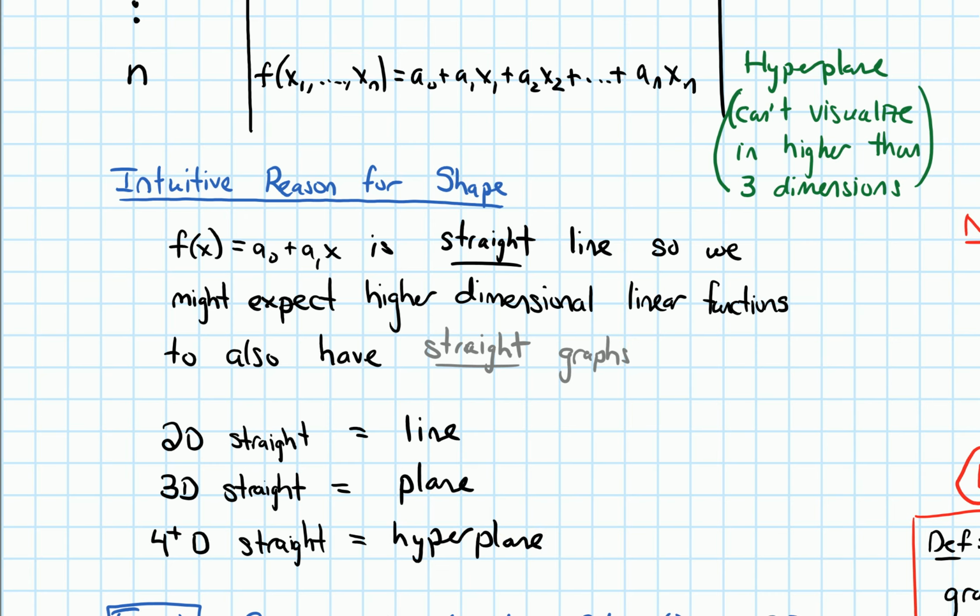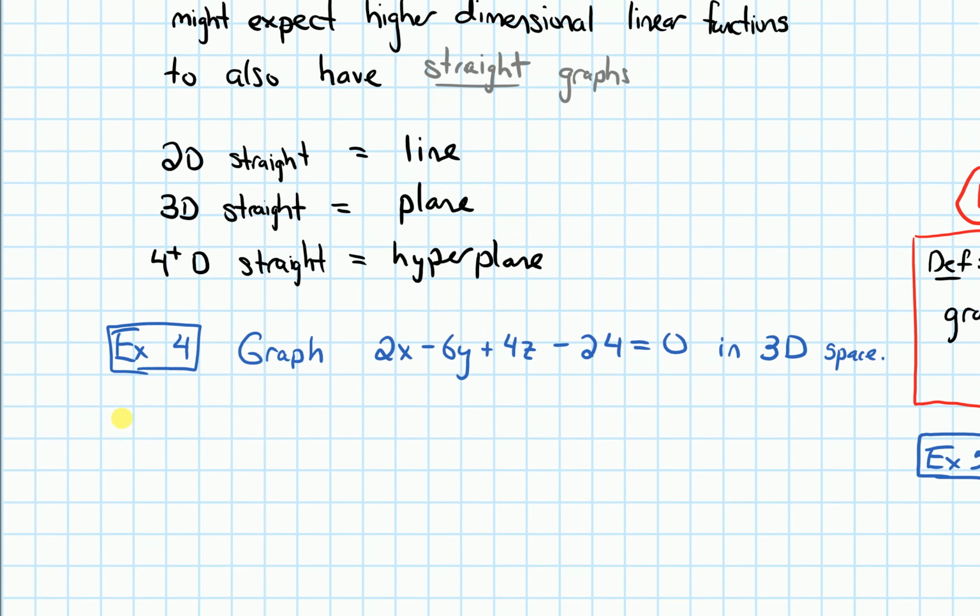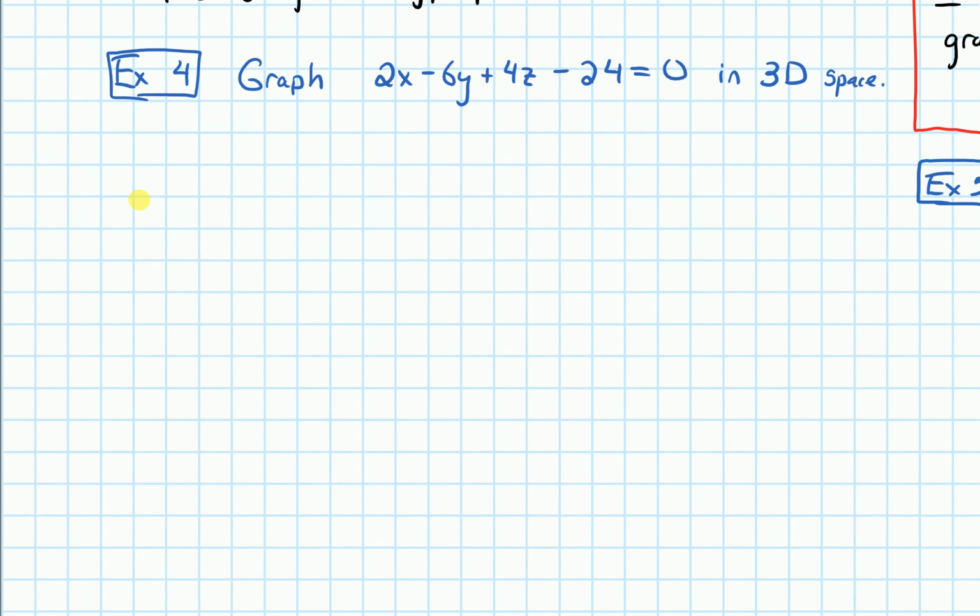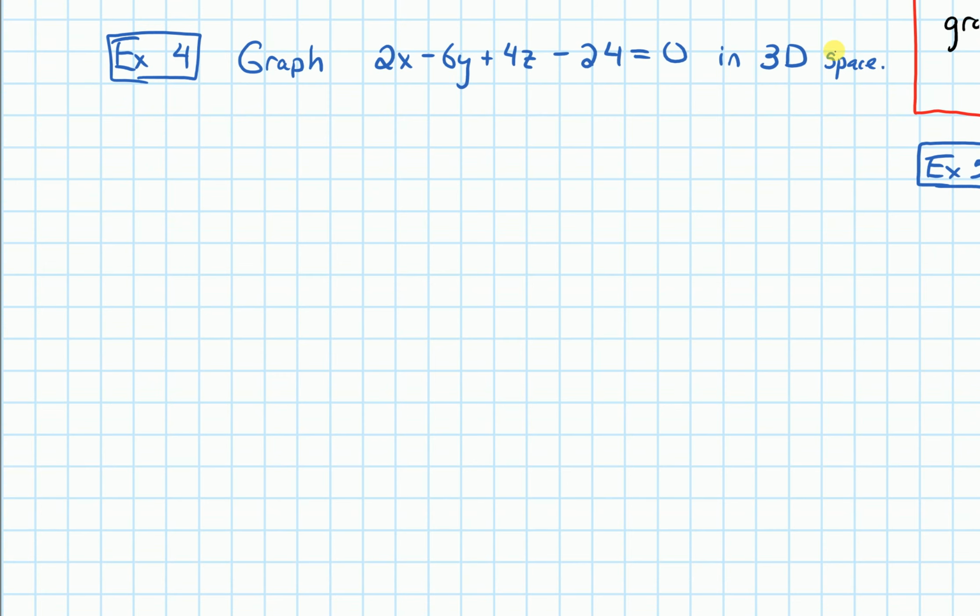All right, let's look at an example. In this example, I want to graph this equation in 3-dimensional space. The first thing that we can note about this is that this is linear. One of the ways that we can see that is, if we were to rearrange the terms to get the z by itself, we would get 4z equals, moving the negative 24 to the right, positive 24.